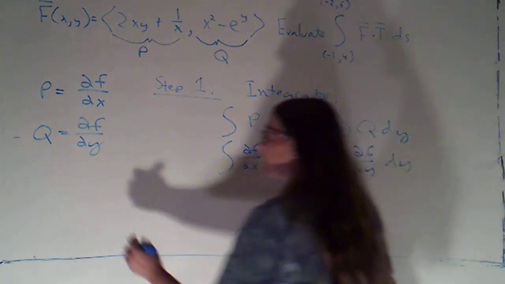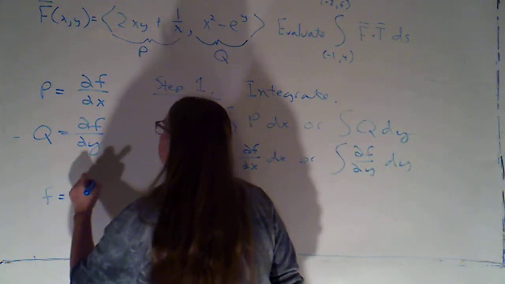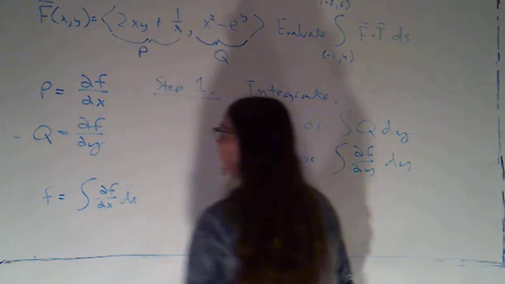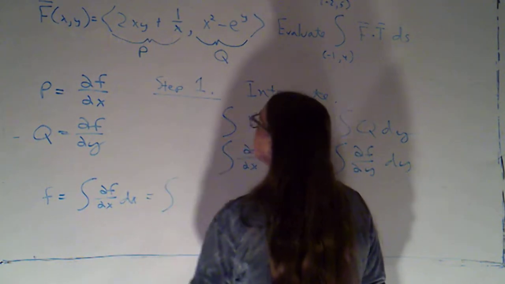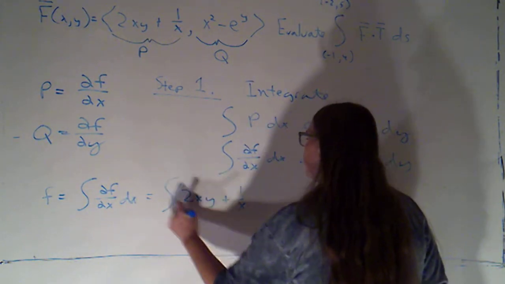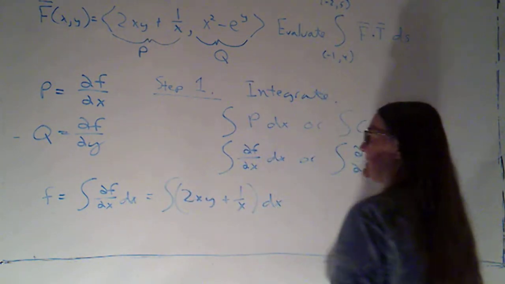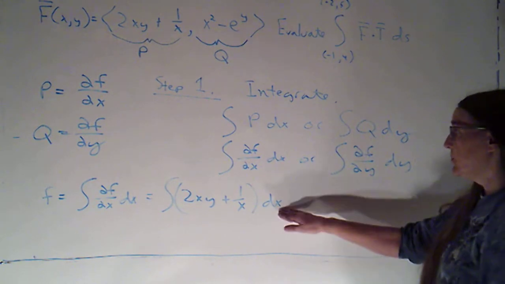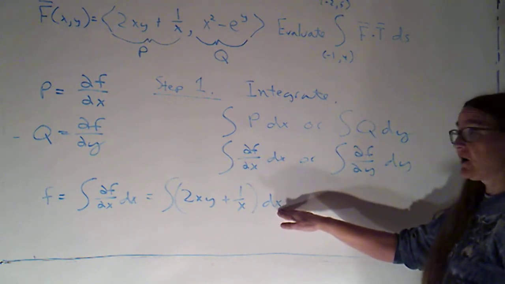Okay. So I'm going to say f is an antiderivative of the partial of f with respect to x, integrating with respect to x. So that's going to be integrating 2xy plus 1 over x dx. So I'm integrating this now with respect to x. So y is a constant.